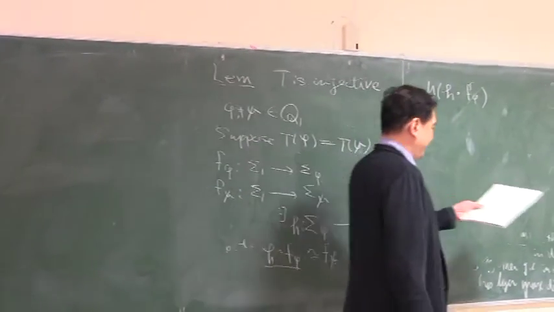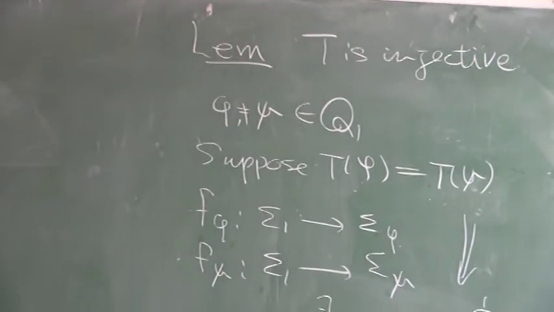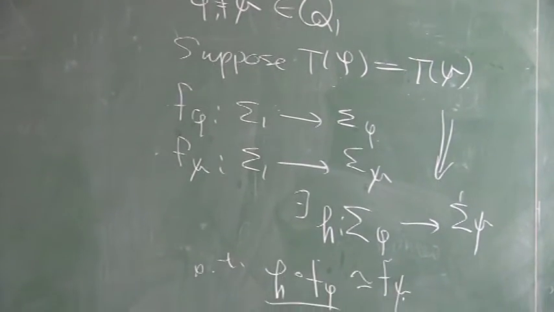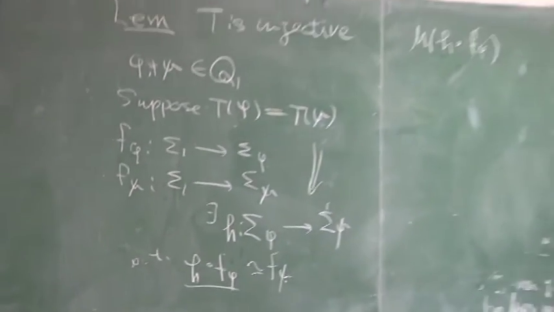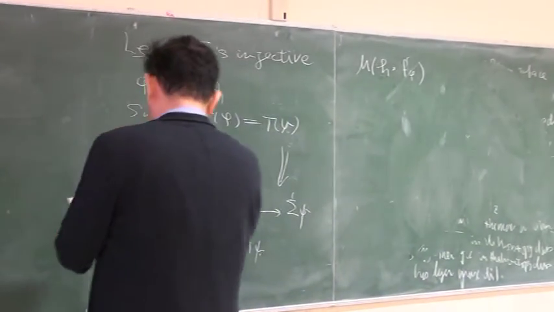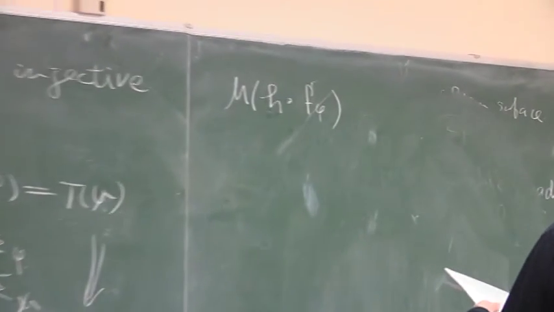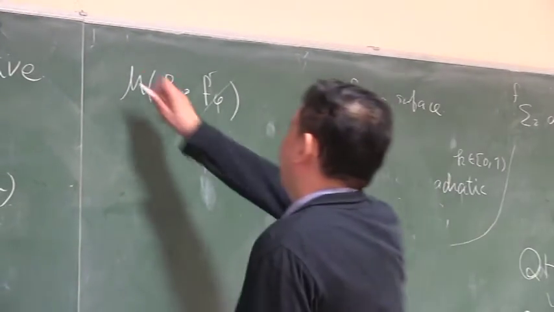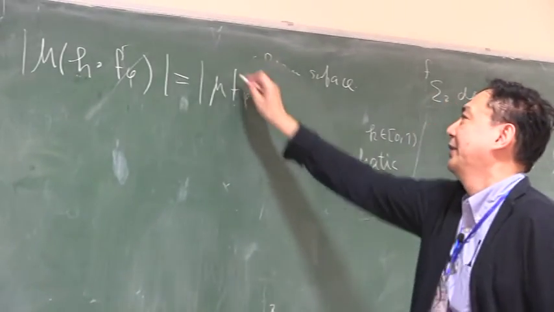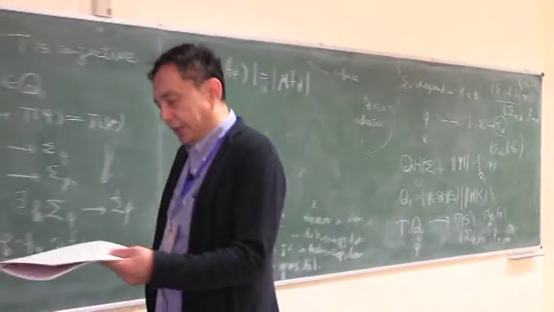Beltrami means the complex dilatation, and because this one is a biholomorphic map, if you compose with the holomorphic map from the left, then it doesn't change the dilatation. So at least if you take the absolute value, it is the same as this one, because the dilatation doesn't change.